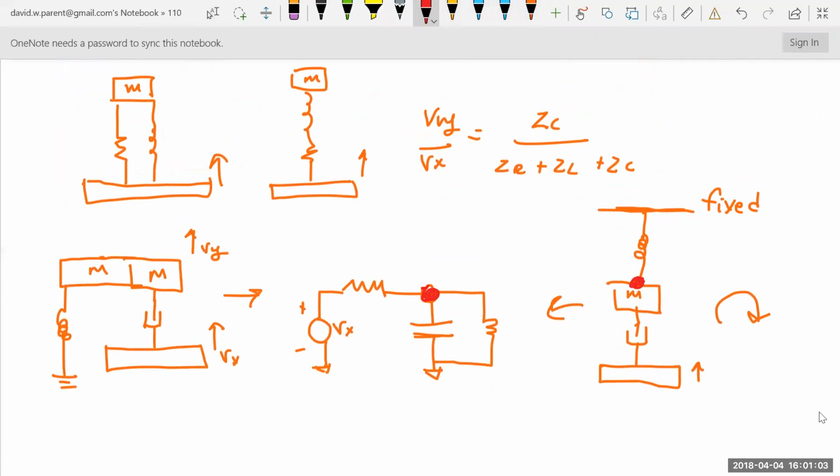One end of the spring is tied to ground because it's fixed. So that's there, right? And one end of the damper is tied to the mass. Now, it's tricky here because it's tied to two opposite sides of the mass, but mathematically, that's this spot as well.